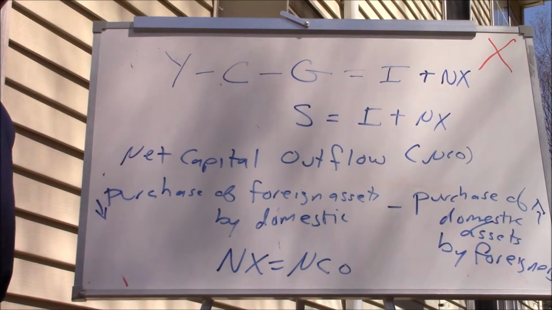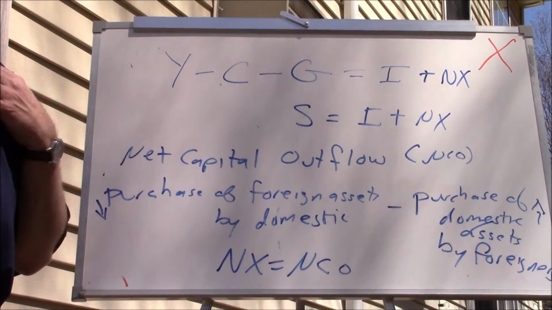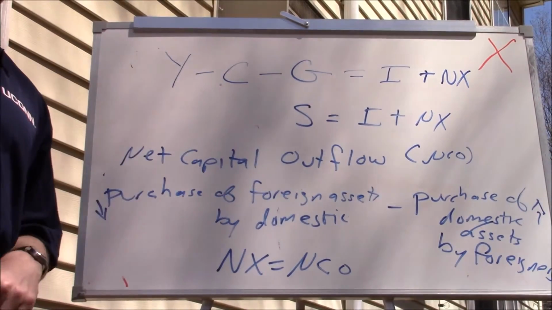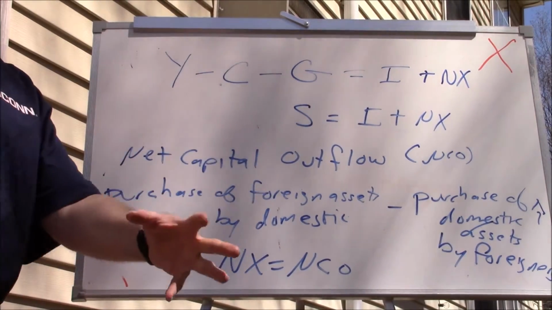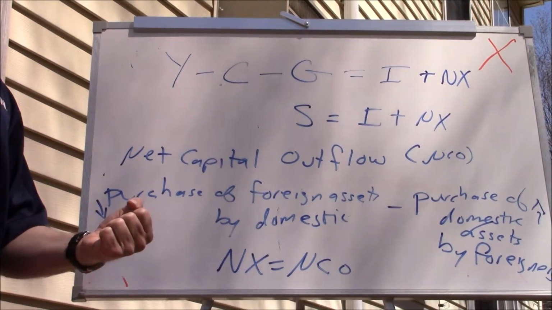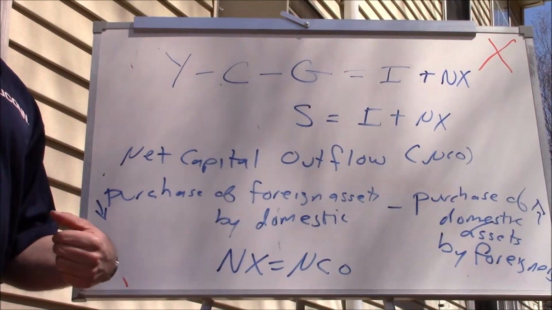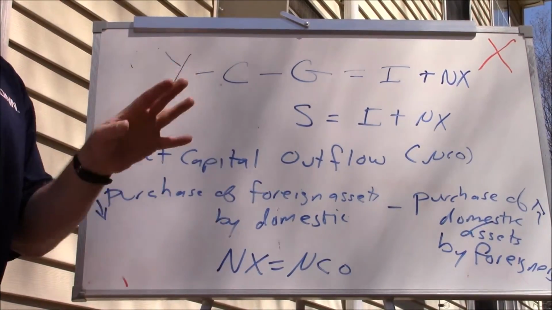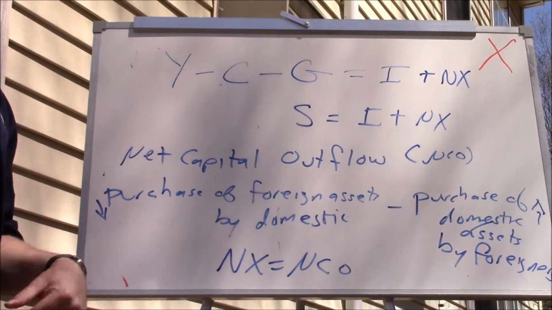And the reason for this is that if I, say, purchase a Japanese car, then the Japanese company has the US dollars, and there's basically only two things they can do with those US dollars. One, they could purchase US goods and services, in which case net exports would go to zero because I've bought a Japanese car and they've bought US goods and services.